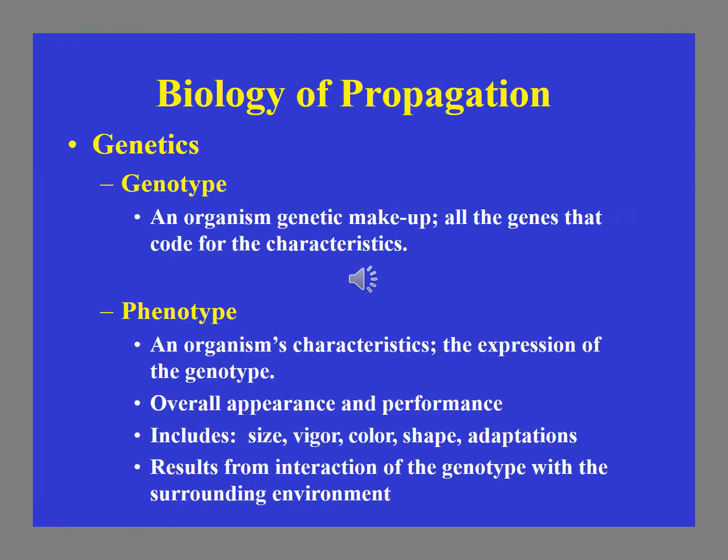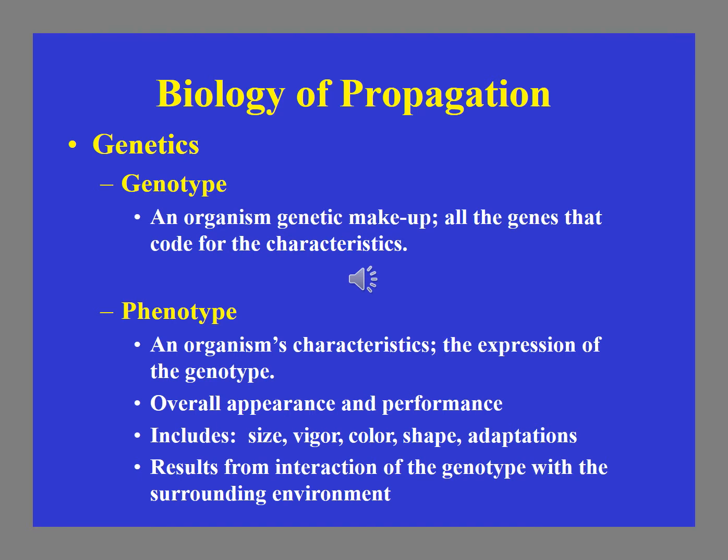Let's get started. So some terms to know about, thinking about more the biological aspect of propagation, not so much the business of it, but biology, are the genetics. The term genotype means the genetics of that organism. So the genotype is their genetic makeup, the DNA and all the genes that are inside every cell of their body and what those code for.